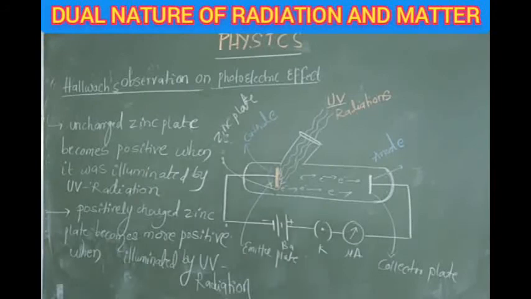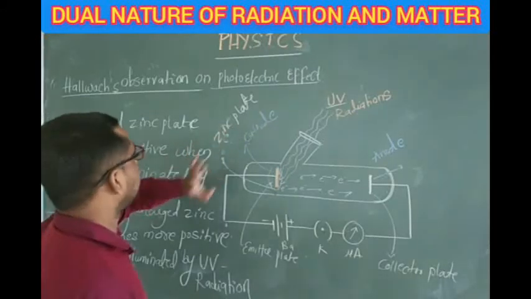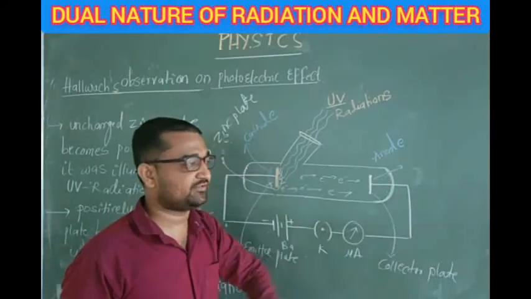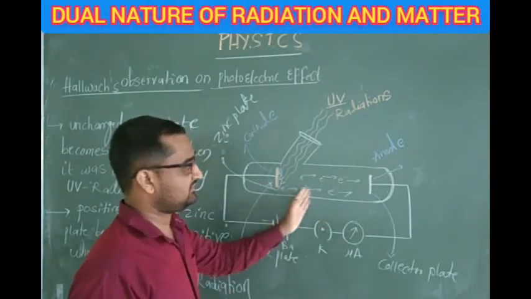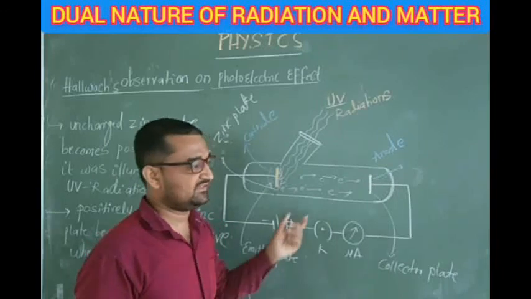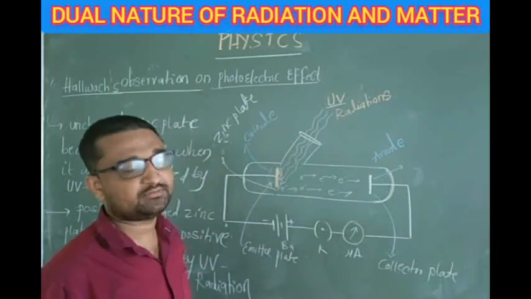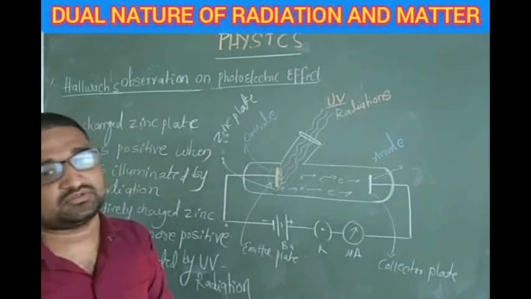So this is the Hallwachs observation on the photoelectric effect. This is a very important point. Since negatively charged particles, that is electrons, are emitted, this zinc plate becomes positively charged.